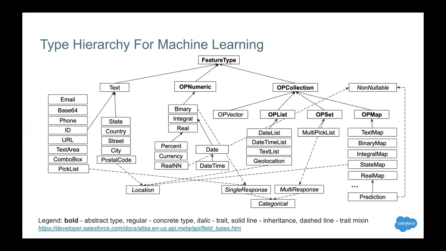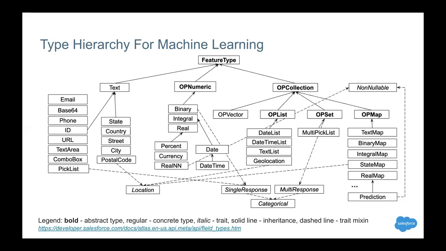One of such is TransmogrifAI. So for example, in the regular type hierarchy, if you'd open, let's say, Java language or Scala language, binary would not inherit from numeric, but from a data science perspective, it makes total sense to treat binary as a numeric, and also it's a single response categorical variable.